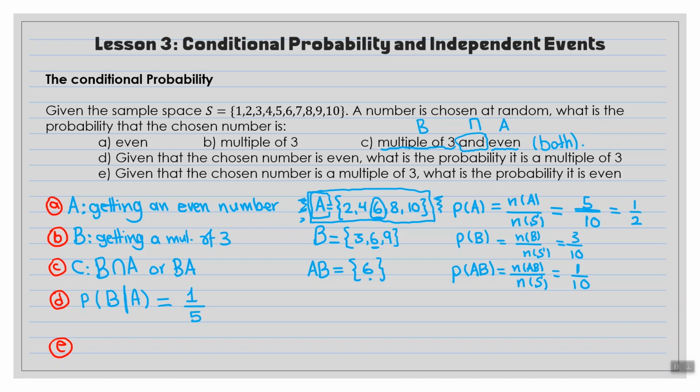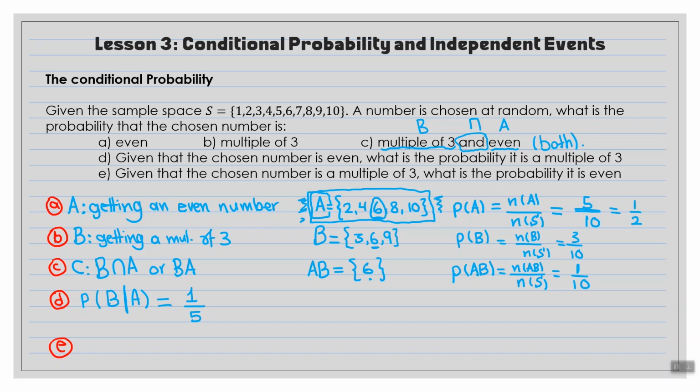Again, you have the cards from 1 to 10. Your eyes are closed. I told you to put your hand on a number. So you've put your hand on a number. Now your eyes are still closed. I told you that your hand is now on a number that is a multiple of 3.